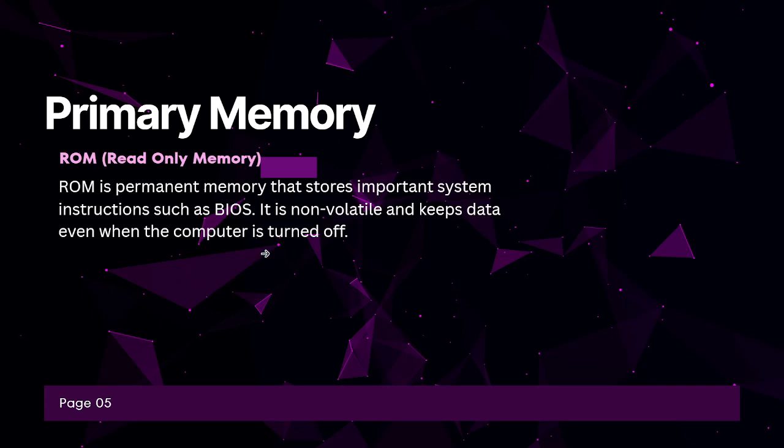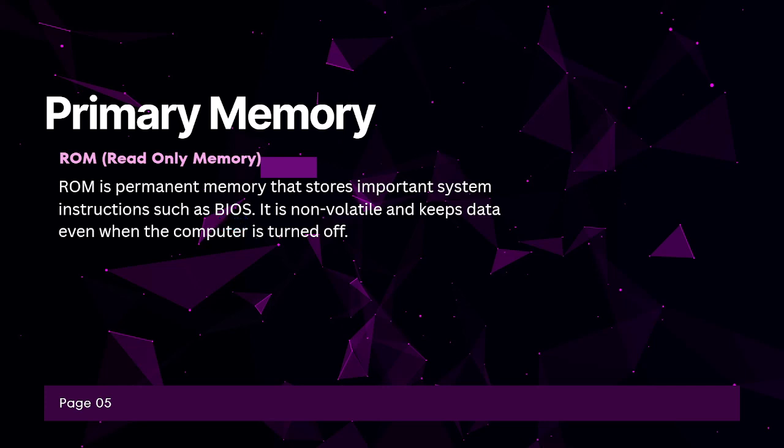So ROM here is different from RAM because it stores permanent data, so it contains important instructions that help start the computer, such as we saw here as a BIOS.